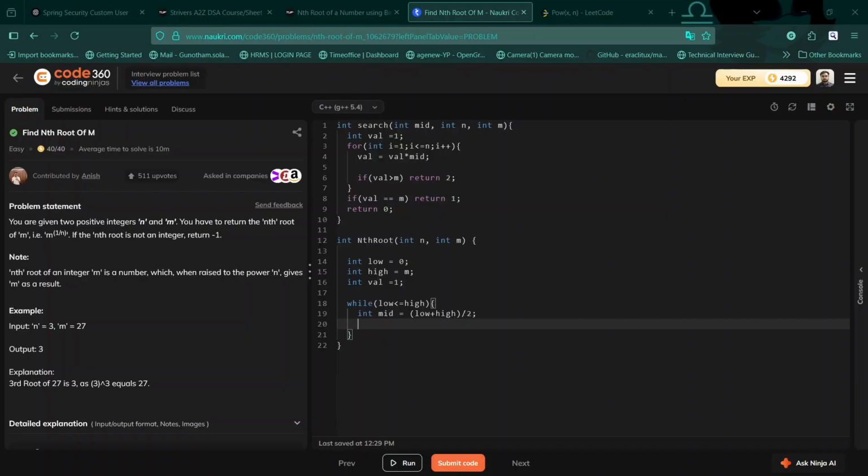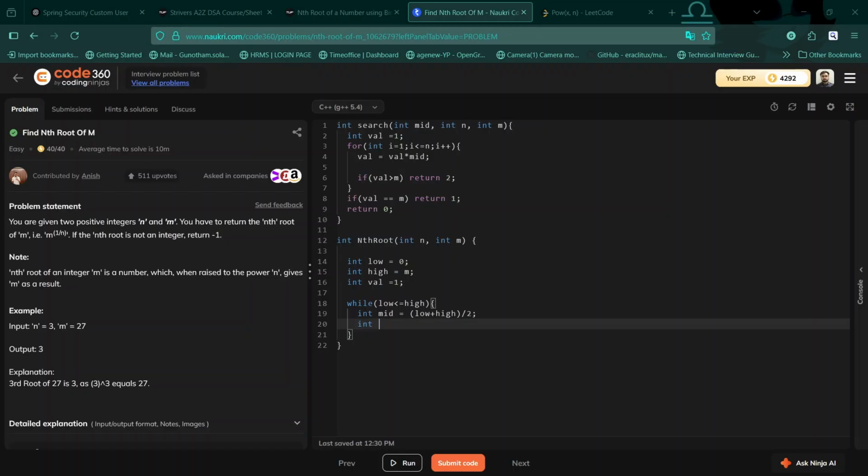Int mid equals low plus high by 2. Now I will call that function, where I can store whether it's right or wrong.